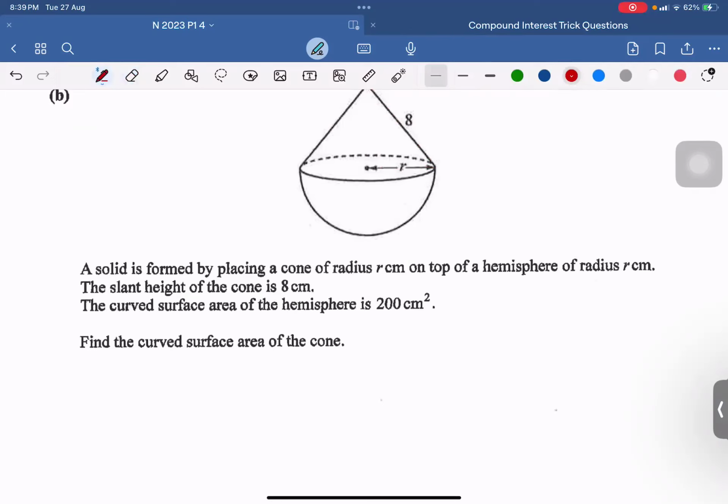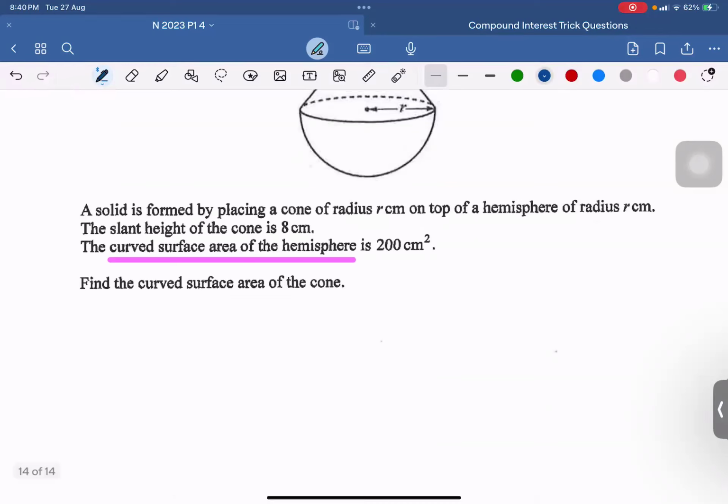Other piece of information. The curved surface area of hemisphere. First one, let's check our cover page. Cover page will say curved surface area of sphere is given by the formula 4 pi r squared. This is given in the formula sheet.